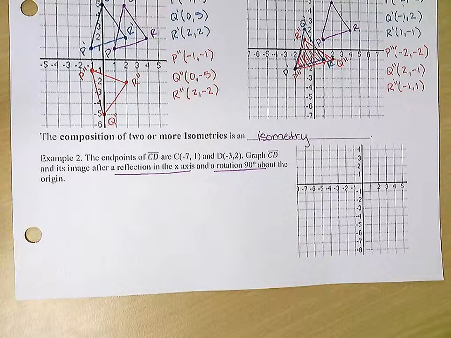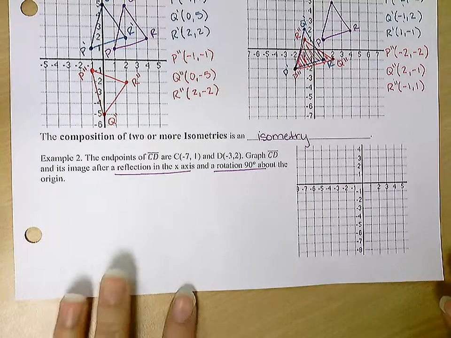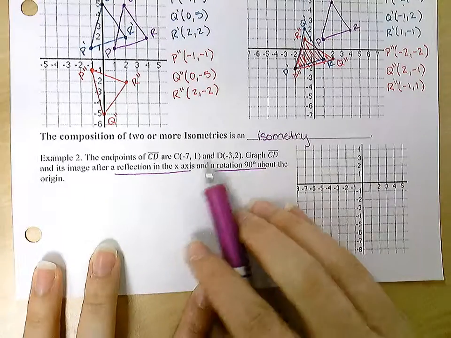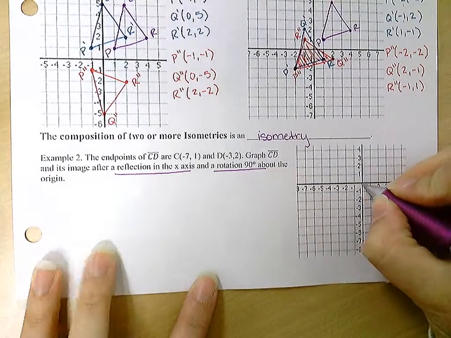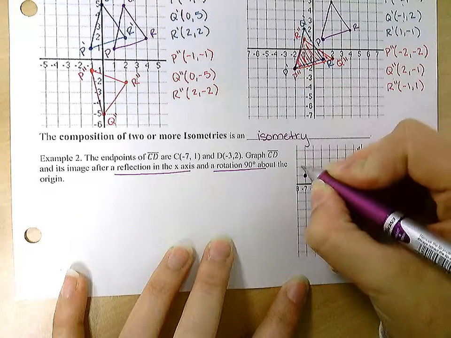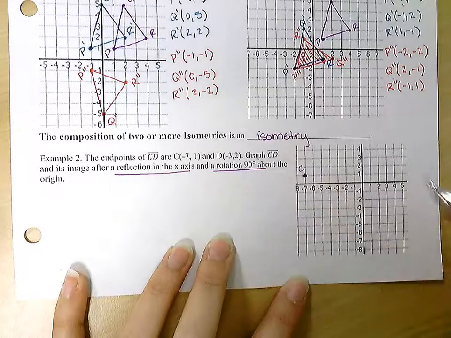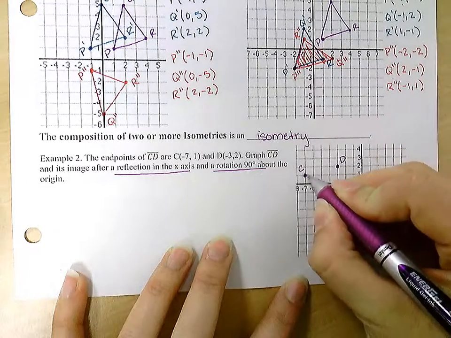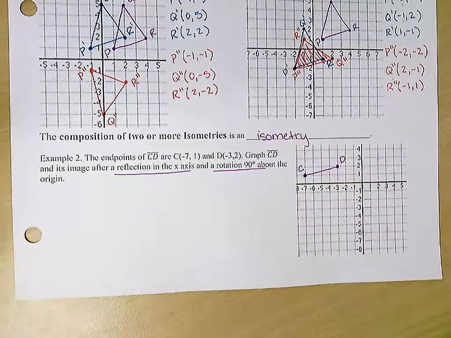Since it says reflection in the x-axis first, that means that's the first transformation you need to do to your pre-image. So first thing I want to do here is graph segment CD. Here are my given points and I want to graph those two. Point C is at -7, +1. And point D is at -3, +2. So here's my segment.